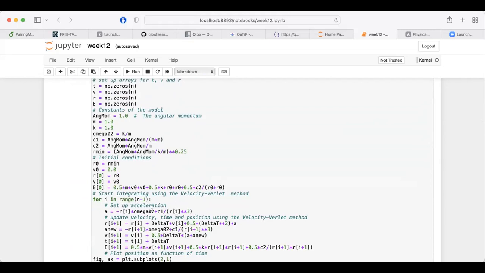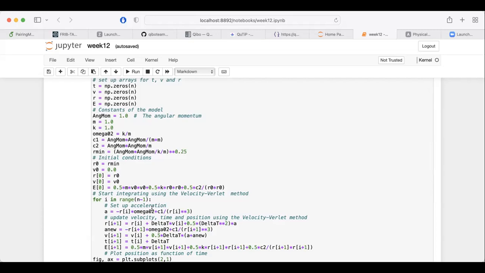And then you have r times omega squared. So this term which you see here for the acceleration brings in a term from the kinetic energy, C1, which goes like angular momentum squared divided by mass squared. And then you have the standard harmonic oscillator piece, which is r times k with a minus sign.